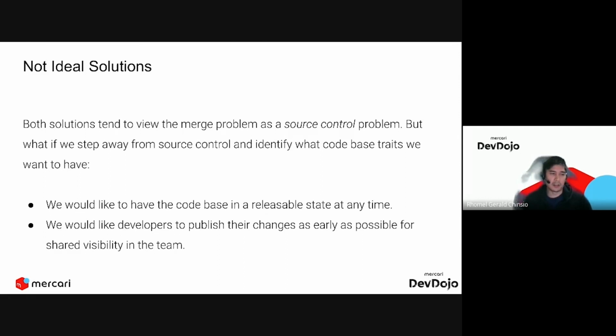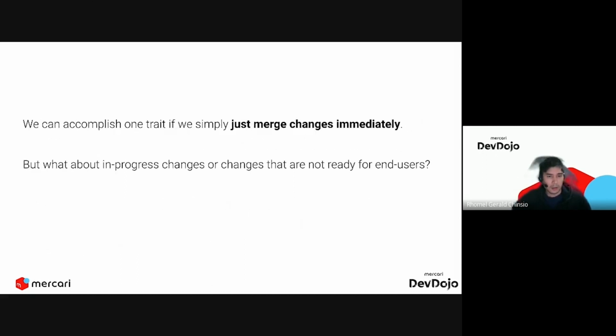But we still have the same goal. We still need to release, we still need to merge as fast as possible. And ideally, we should be able to release the code base at any commit at any time. So what's the solution? Well, just merge immediately.